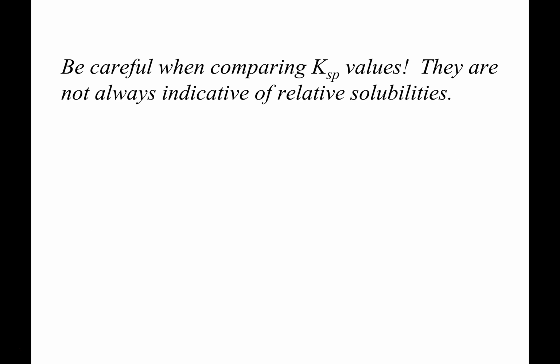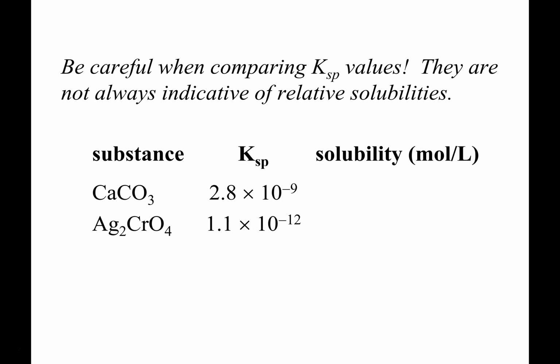So this, and I have a slide coming up to kind of summarize, shows you how, when you're talking about a pair of salts, and you have their KSPs and their molar solubilities, you can't compare KSPs and molar solubilities directly. For instance, with the smaller KSP, that means it's less soluble, right?